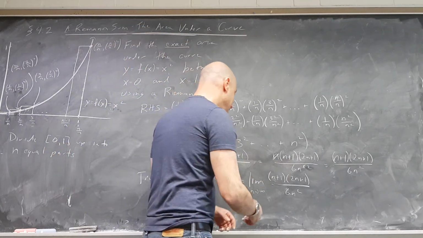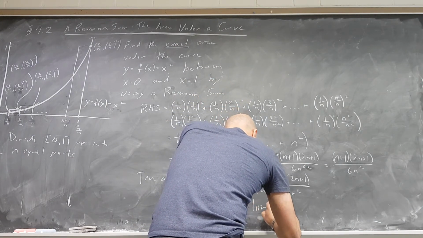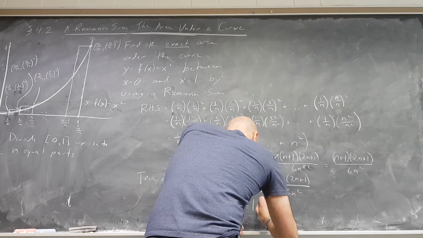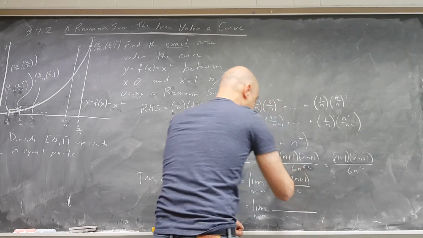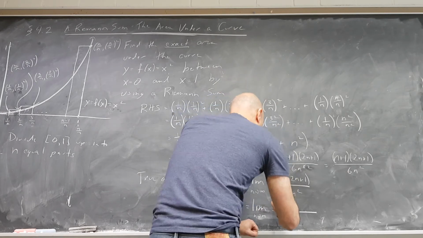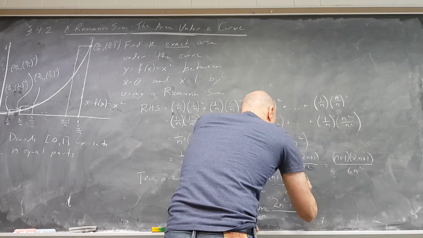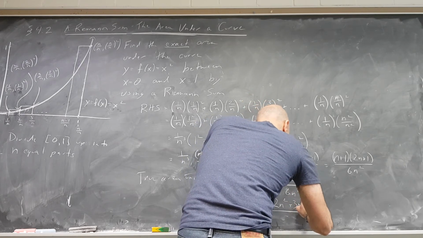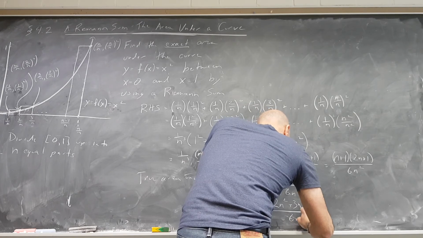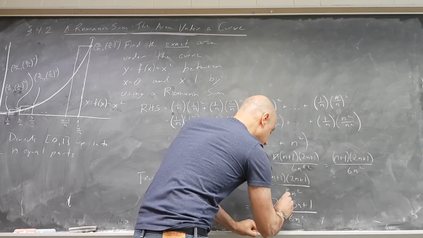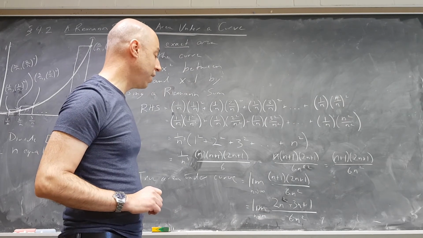Let's multiply the top out. So this is equal to the limit as n goes to infinity. When we FOIL the top out, we end up with 2n squared plus n plus 2n plus 1, so 2n squared plus 3n plus 1, all over 6n squared.